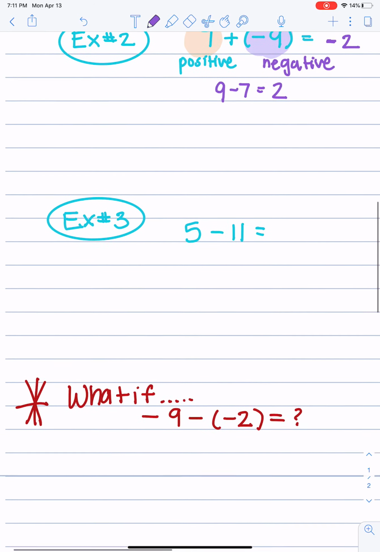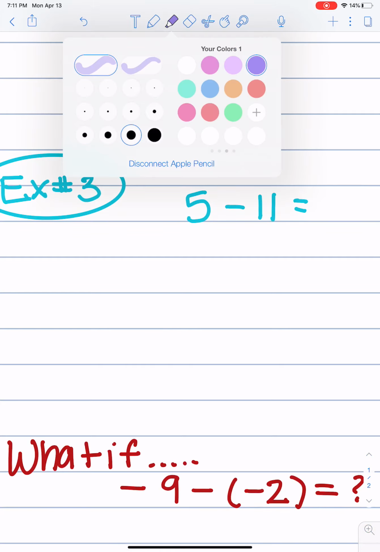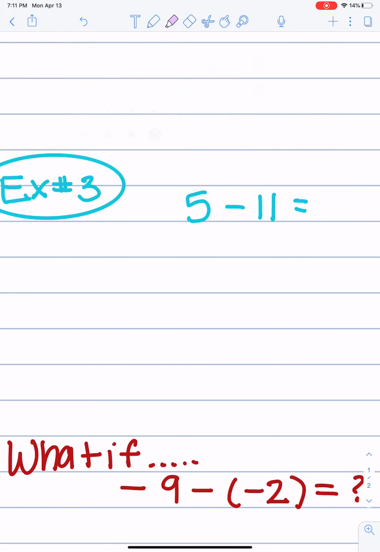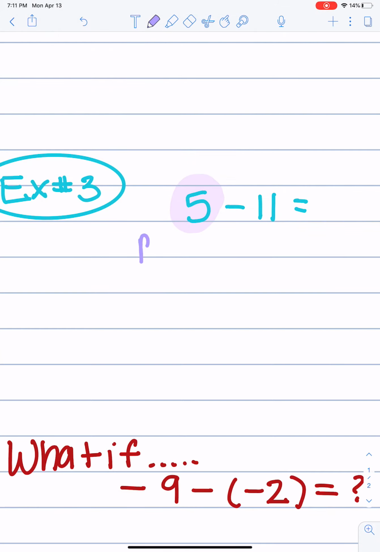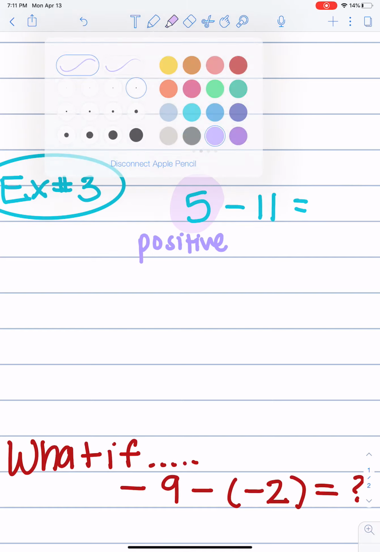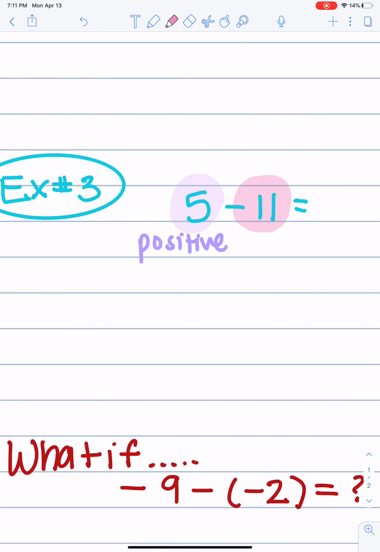All right, moving on. Example number 3. This 5, positive or negative? Positive. This 11, positive or negative?